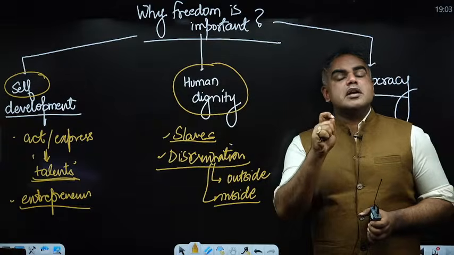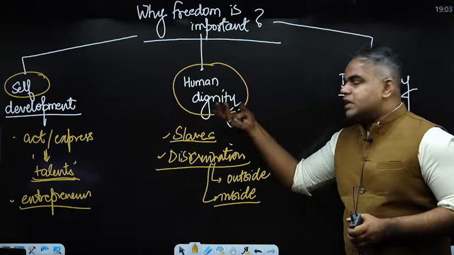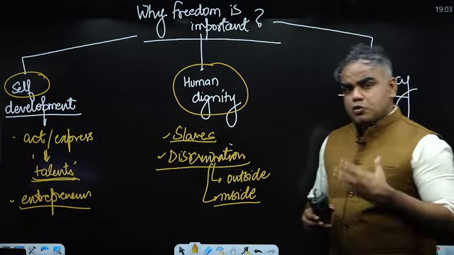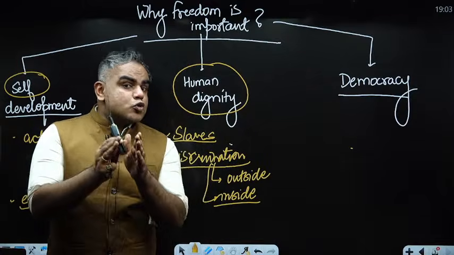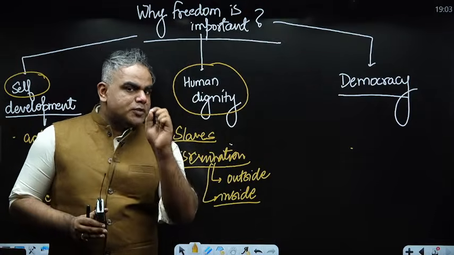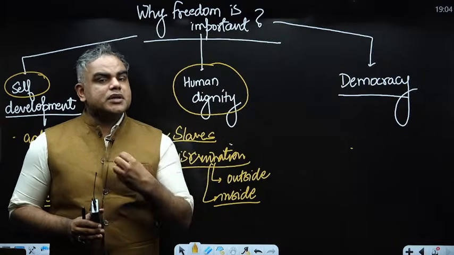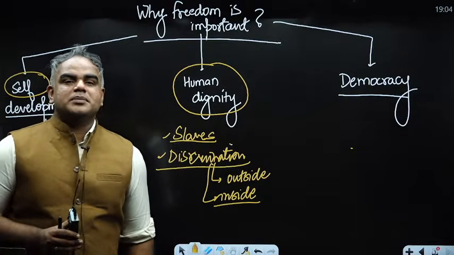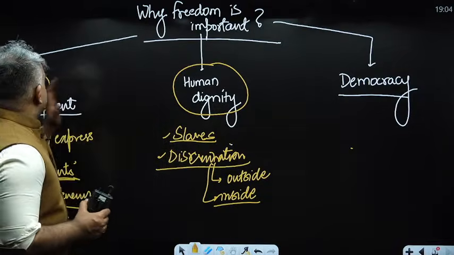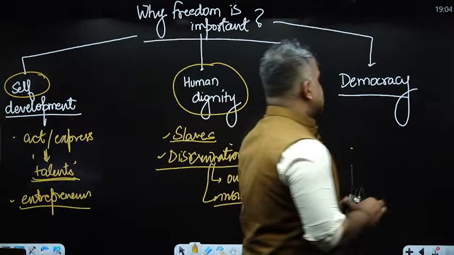Freedom is important for human dignity, absolutely yes, right? In fact, for human dignity, even in India, we had both Dr. B.R. Ambedkar and also Mahatma Gandhi, although their approaches were different, but their objective was to have human dignity, which is also seen in our freedom struggle, and it is also seen in how ultimately the constitution had taken shape, right? So self-development, human dignity. Third thing that is very important is democracy.